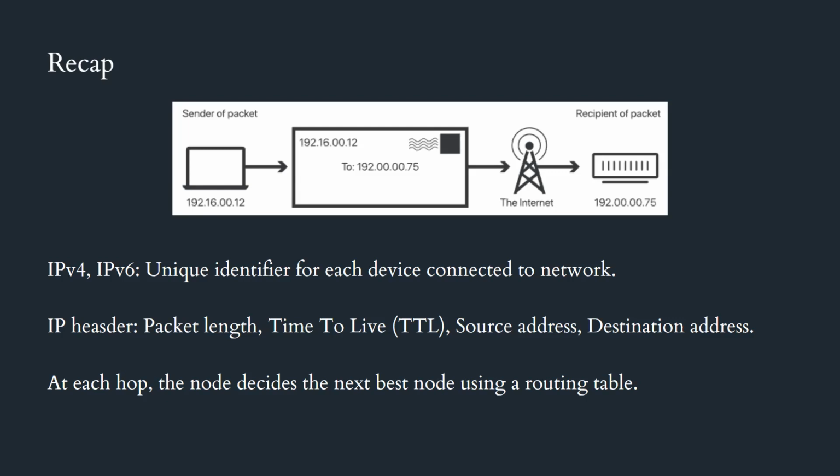The IP header contains multiple fields. Some of the important fields available are packet length, time to live, source address, and destination address.